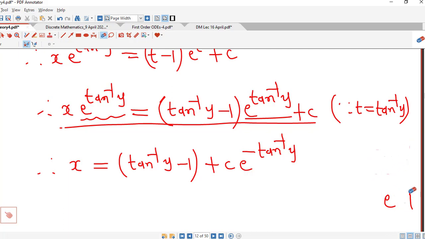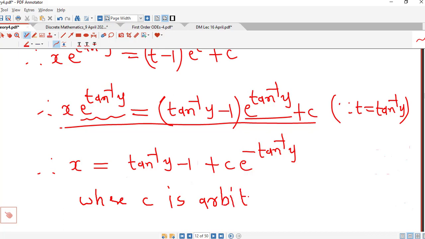So this is the general solution of the given linear differential equation. It is not necessary to write the bracket here, and here c is an arbitrary constant.